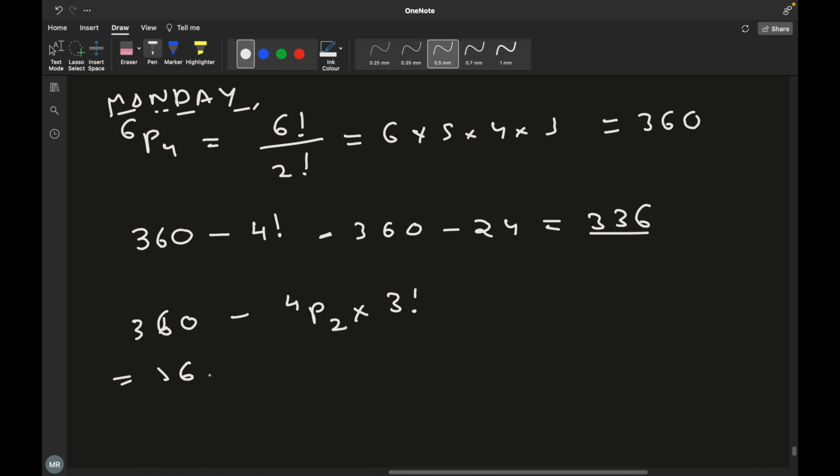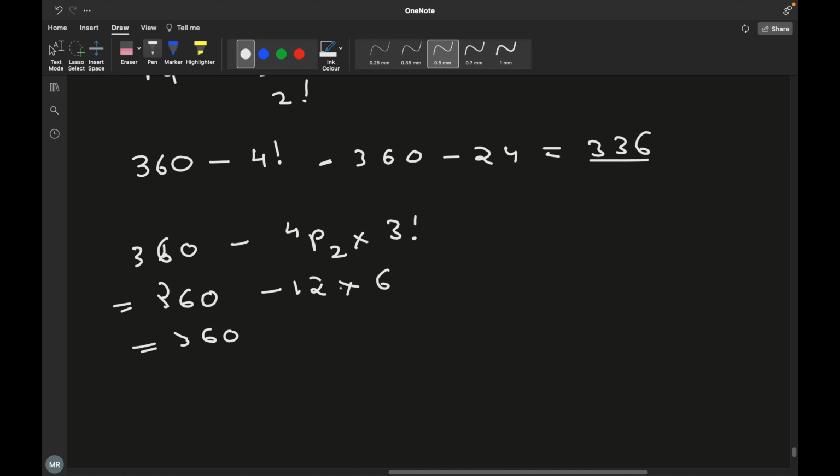It's going to be 360 minus 12 into 6. It's 360 minus 72, which is 288.